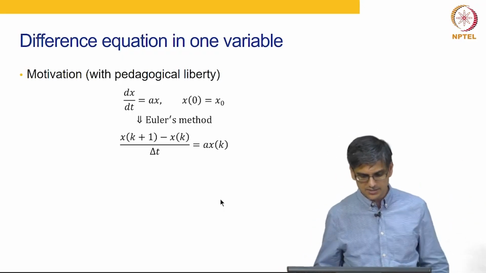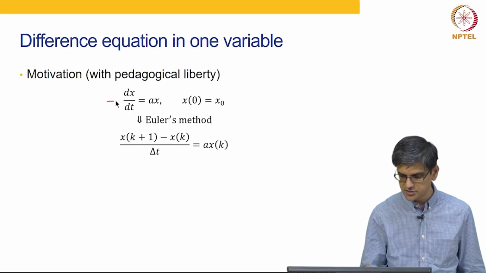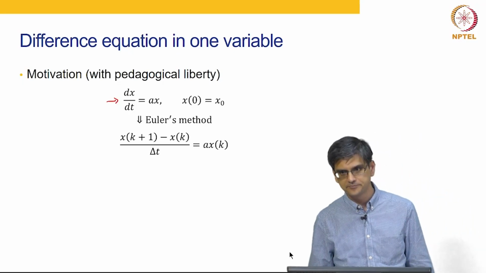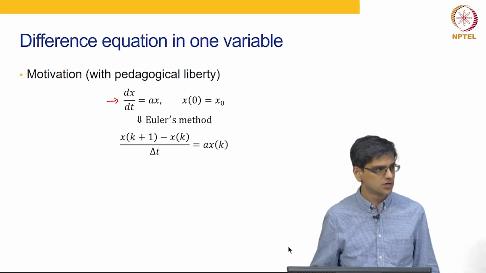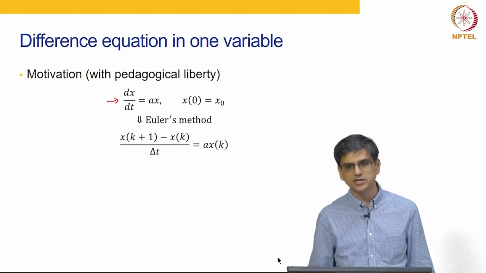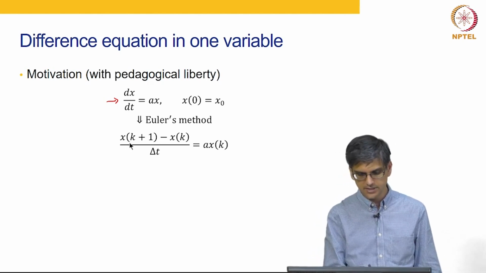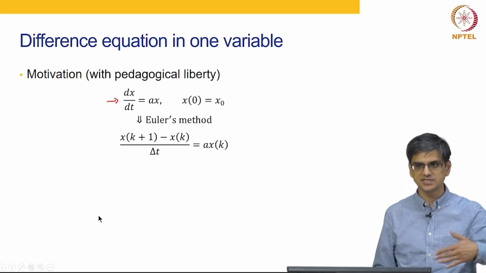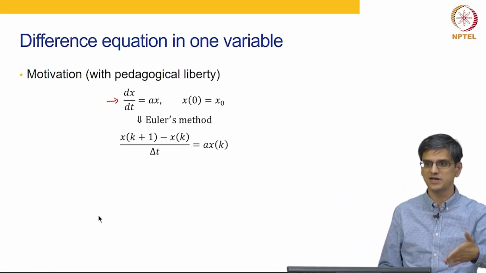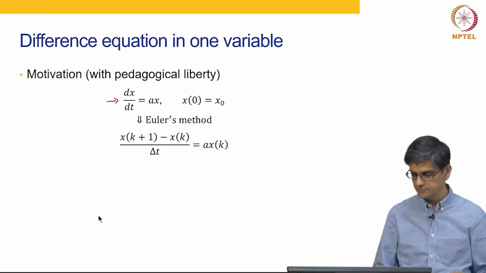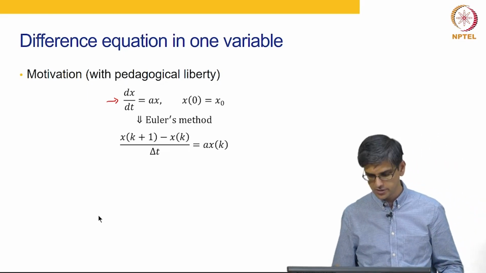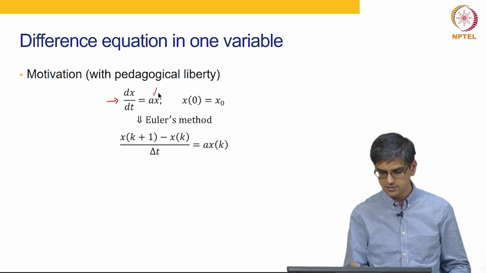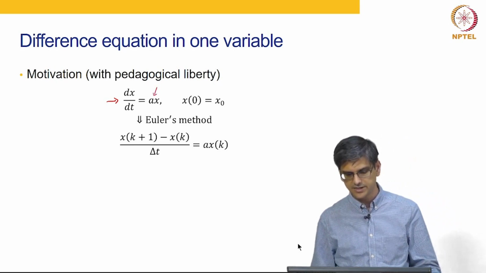But let us say you had a differential equation of this type, and if you were to apply Euler's rule, then dx by dt is nothing but xk plus 1 minus xk divided by tk plus 1 minus tk, or that difference we will call delta t. The right hand side is just a multiplied by xk.